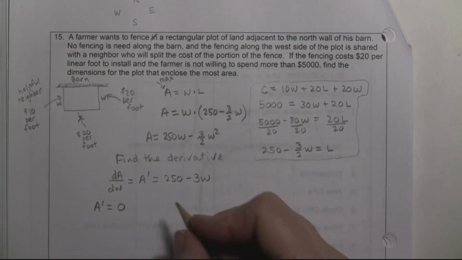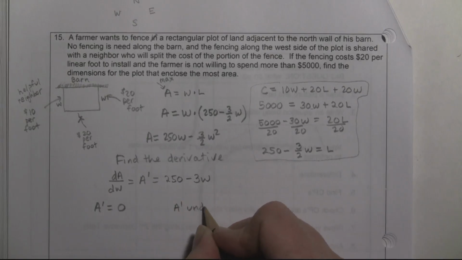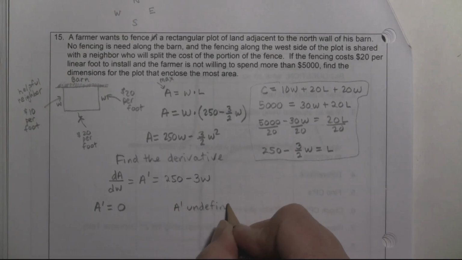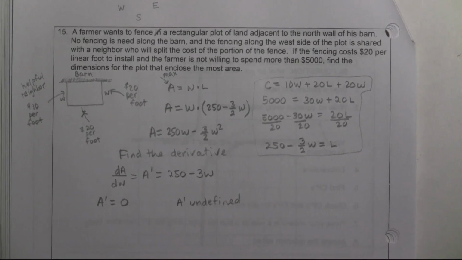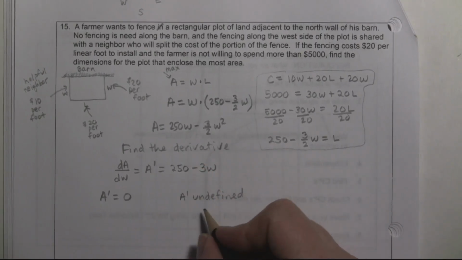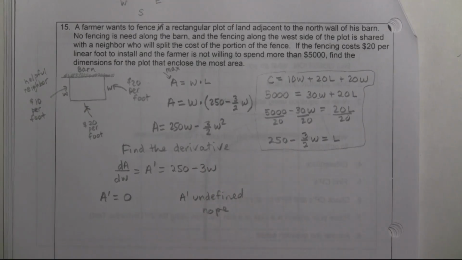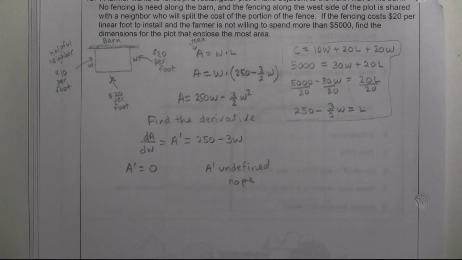So that's when this is 0 and when this is undefined. But it's never undefined. Are there problems where this comes out to be undefined sometimes? And the answer is yes. And so I do try to still, nope on this one, but I still tried to check that.